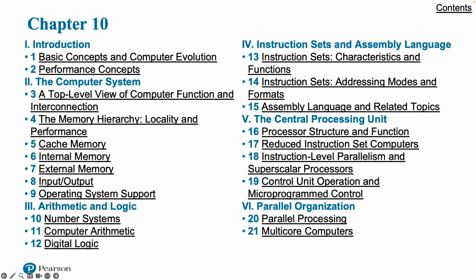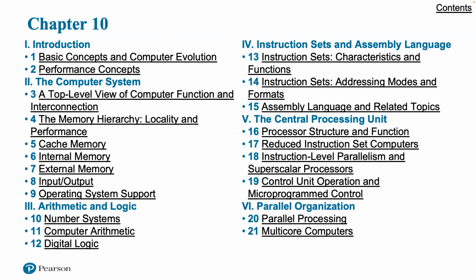And then we went a little bit deeper, thinking about the computer system, the function of computers and the interconnections. We went in a lot of chapters into memory, input and output. And then finally, in our last chapter, we spoke about operating systems and how they support the whole computational process that we're trying to put together.